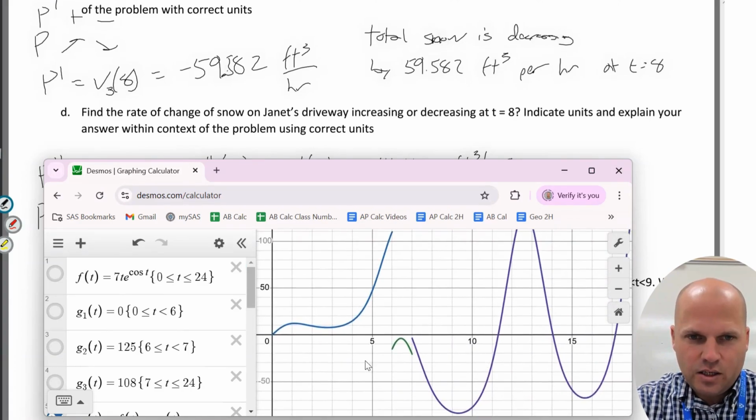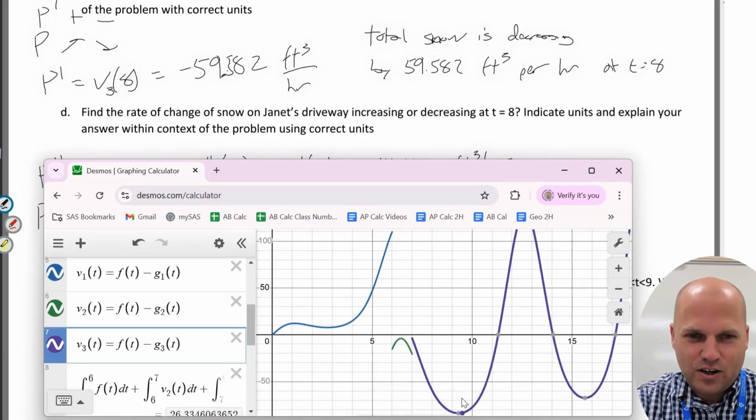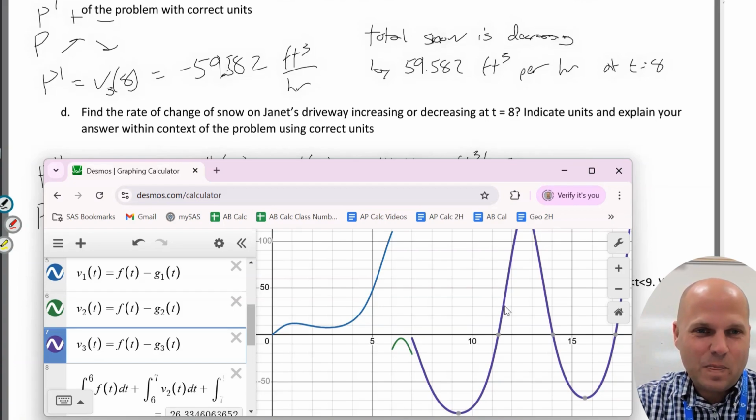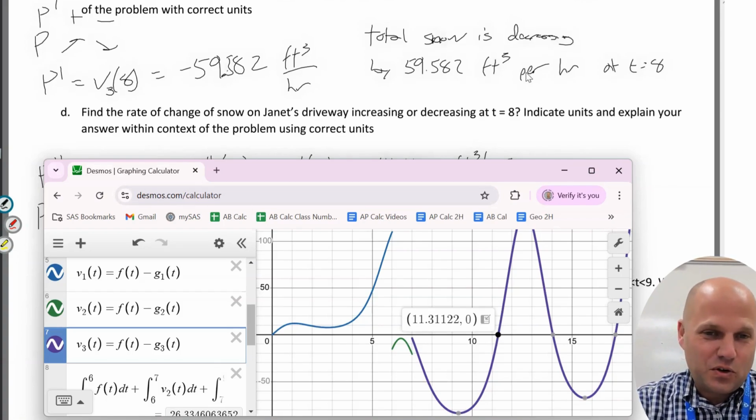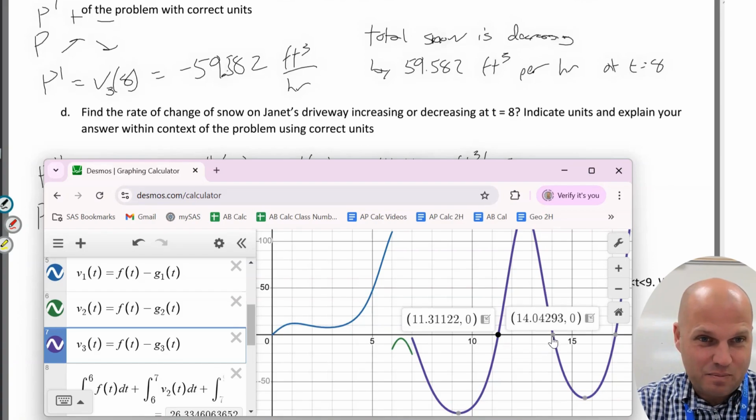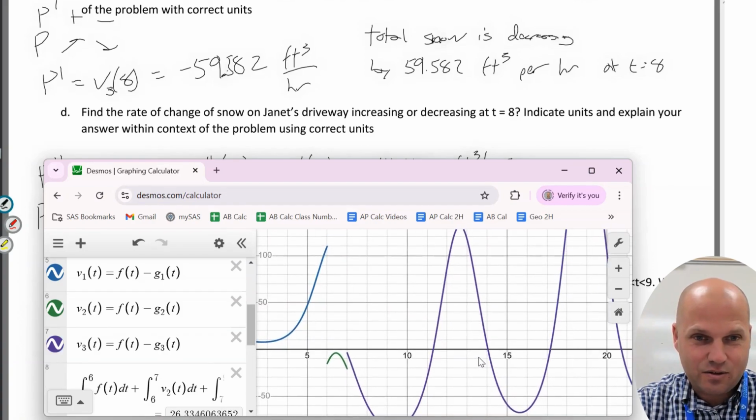Eventually, the snow falls at a harder and harder rate. Eventually, the derivative will be positive. Eventually, snow starts to accumulate. So the goal is to figure out if at 11.312 the amount of snow is negative. Because once we get beyond that, I think Janet's screwed.